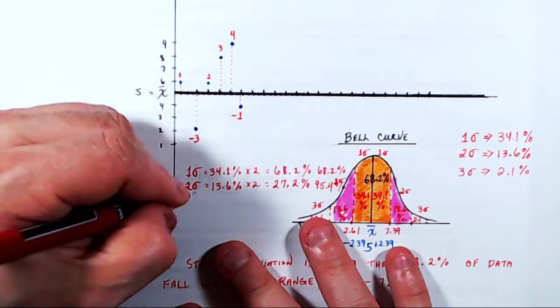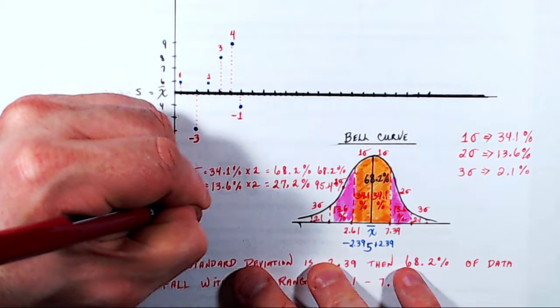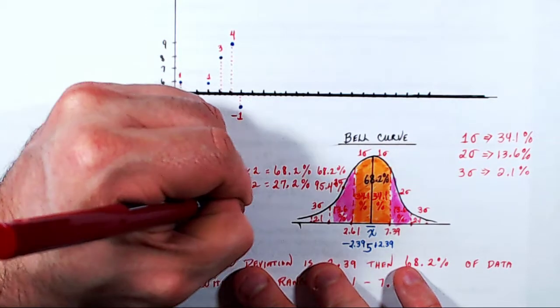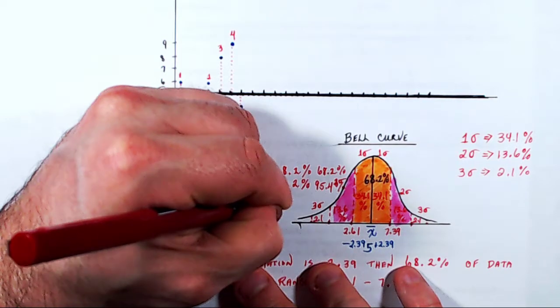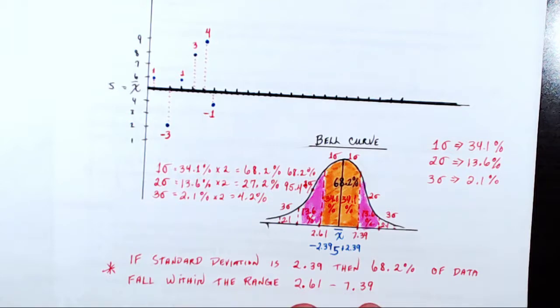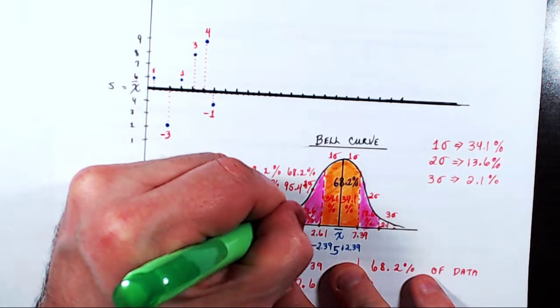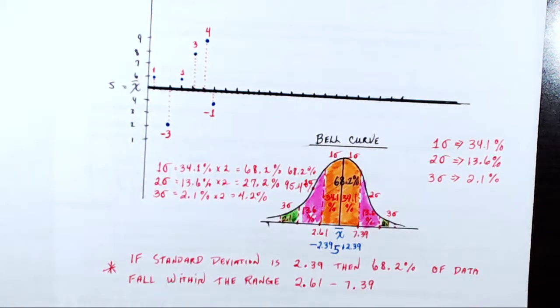So how about the third standard deviation? The third standard deviation is equal to 2.1% times 2 equals 4.2%. If I add in the third standard deviation, you really should be doing this yourself.